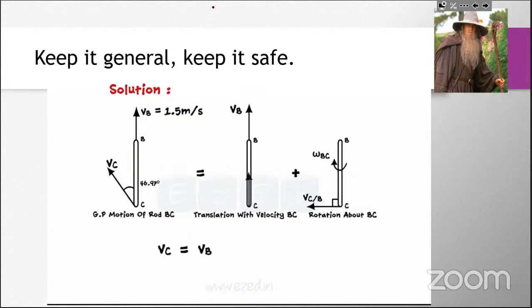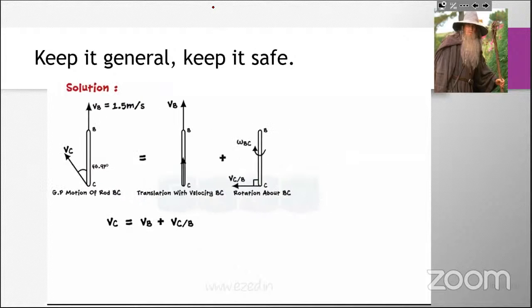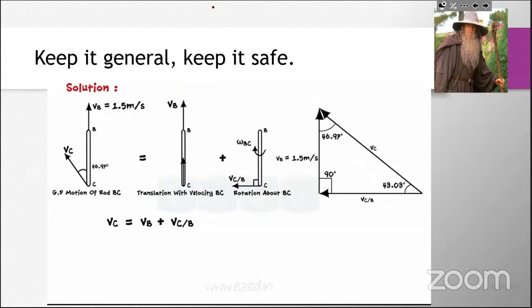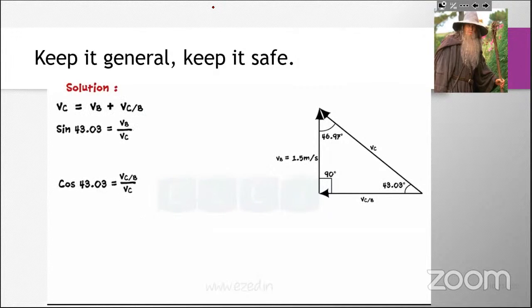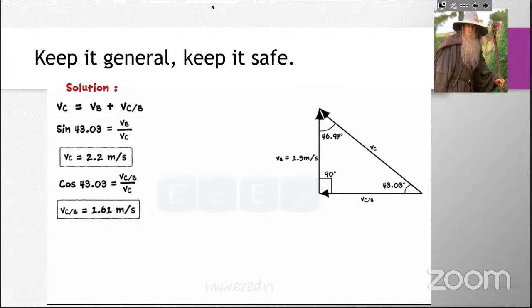Step 4. Write the relation for the absolute velocity of the translation point. Simultaneously, draw the vector diagram of the same. On solving the triangle, we get velocity at point C as 2.2 meters per second and relative velocity of C with respect to B as 1.61 meters per second.